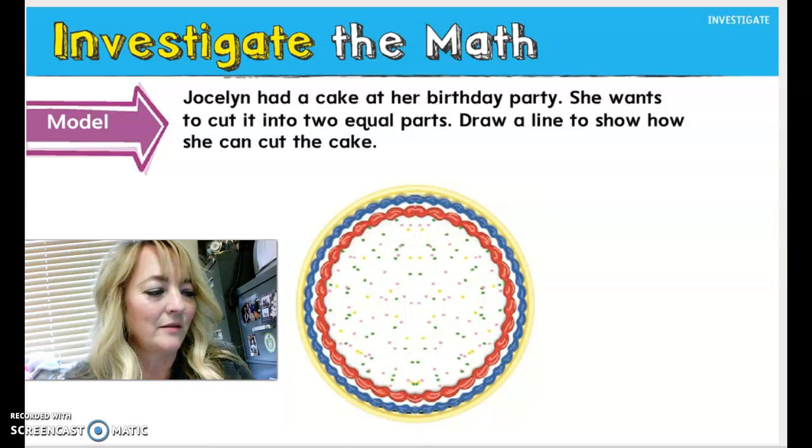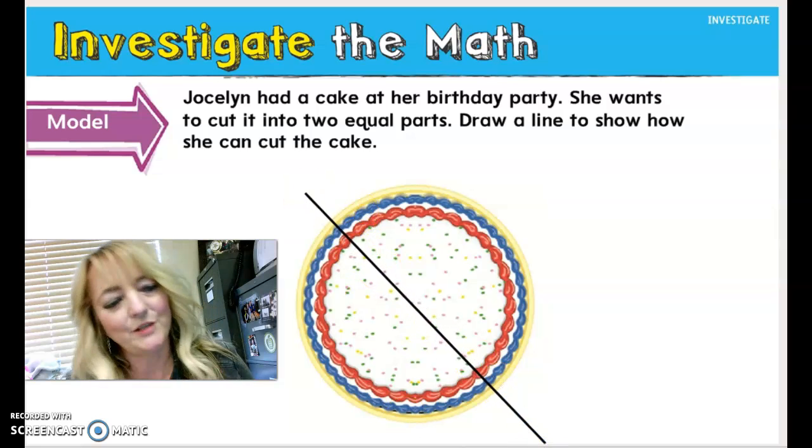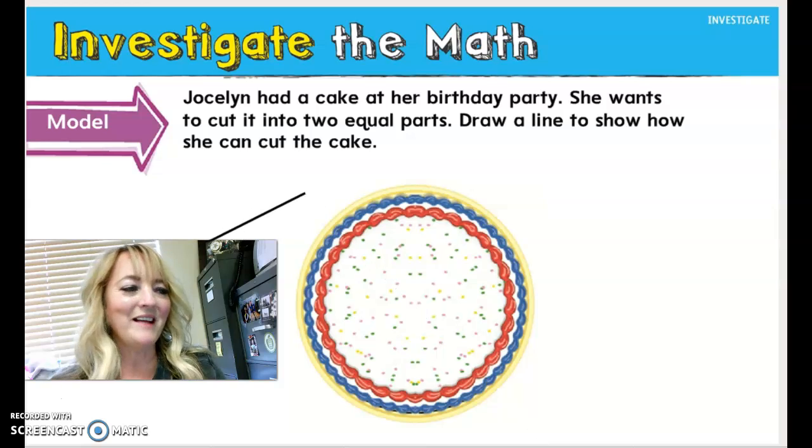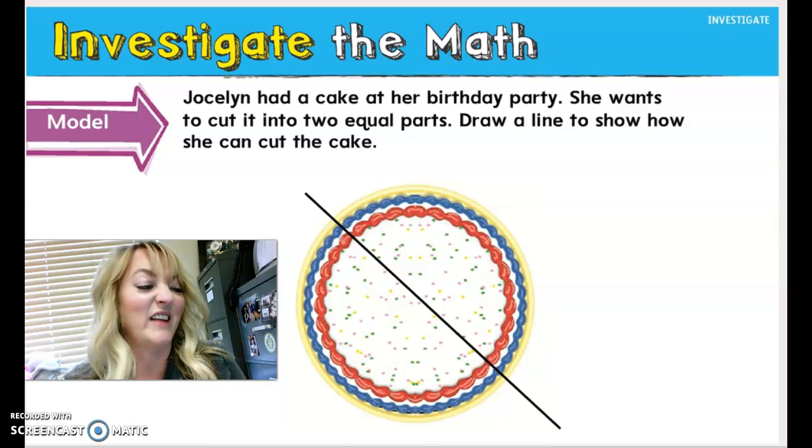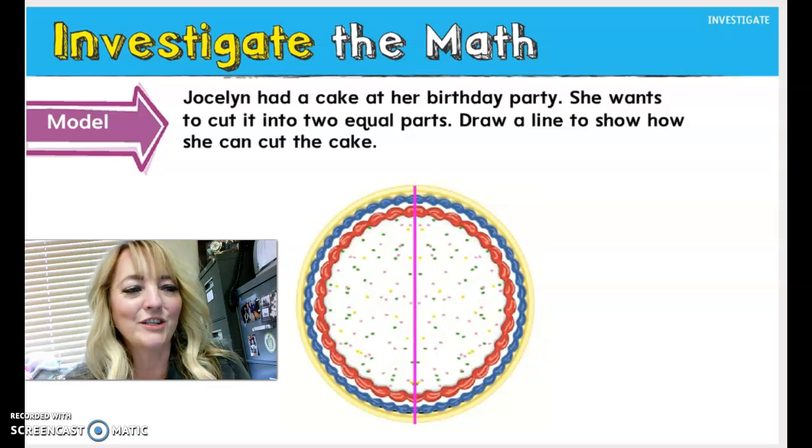You could also go diagonally to divide it into 2 equal parts. So there are different ways that she could cut that cake. But I want to be at her birthday party. That looks like a good cake. The only thing we need to make sure is that the cake is the same on either half.